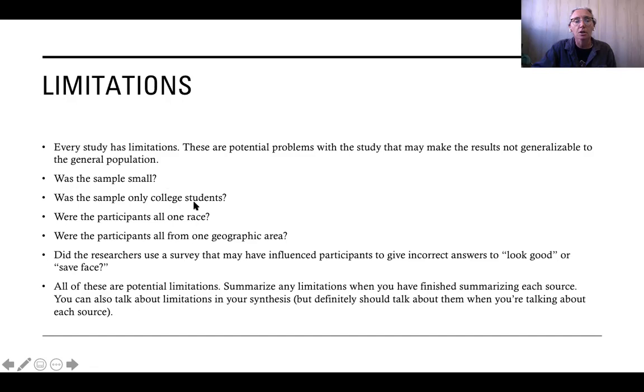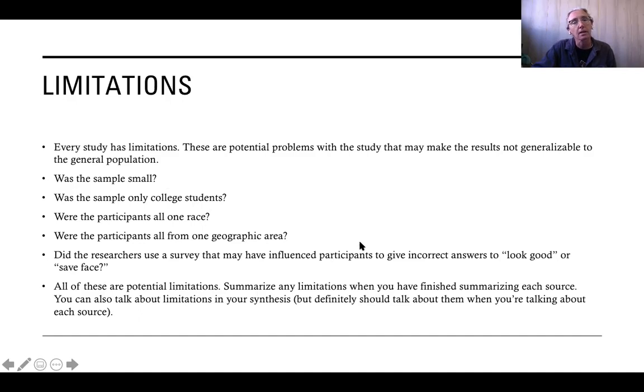Was the sample only college students? Were the participants all from one race? Were the participants all from one geographic area? Did the researchers use a survey that might have influenced participants to give incorrect answers to look good or save face? All of these are potential limitations, and we want to summarize the potential limitations of any source that we write about.